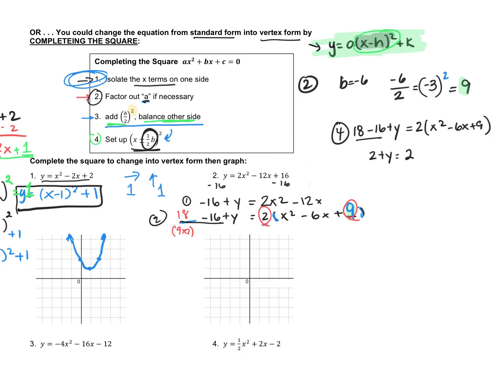Now, this should be something squared. I want this part right here. I have my a, that's 2. Then x, it's always an x, minus, and if you remember what I said earlier, the minus is coming from that 3.